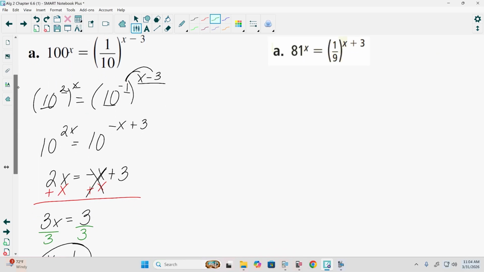81 to the x is equal to 1/9 to the x plus 3. Again, we want to rewrite these so that the bases are the same. What base are we most likely going to be using?